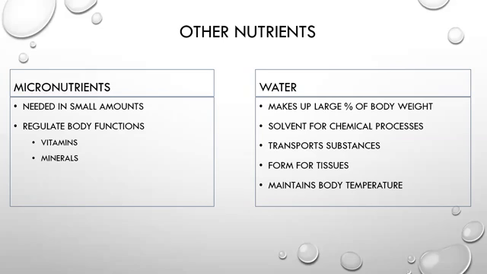Okay, so with vitamins, these are organic substances needed for metabolism and preventing a particular deficiency disease, right? So because the body cannot make vitamins, they must be supplied by the foods we eat. They are critical in building and maintaining body tissues, supporting our immune system, and ensuring healthy vision. Okay.